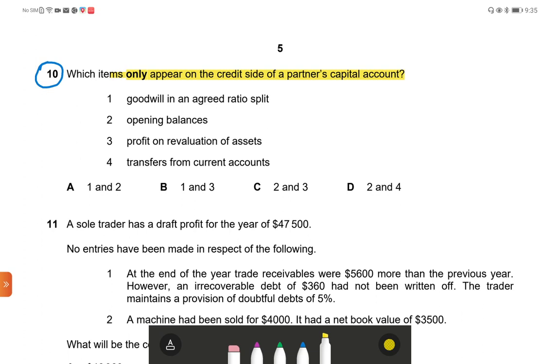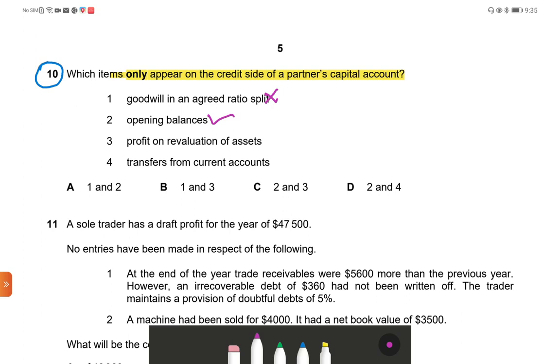So, goodwill in an agreed ratio split will not come on the credit side. Opening balance is the balance of the capital account till now. Yes, opening balance is the correct one. Opening balance will be on the credit side of capital account.